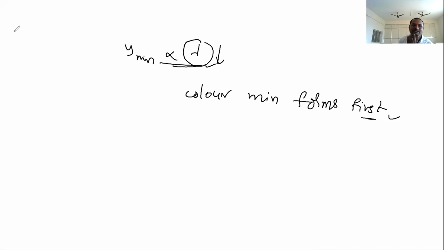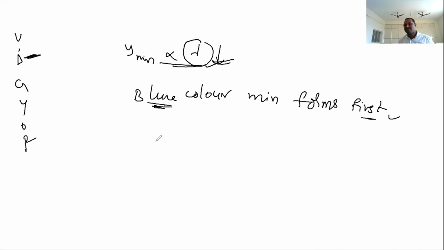Among VIBGYOR colors, the least wavelength is for blue. So blue color minima will form first.